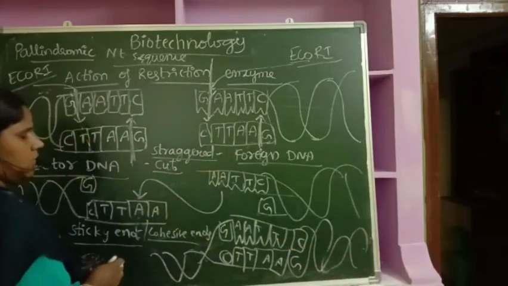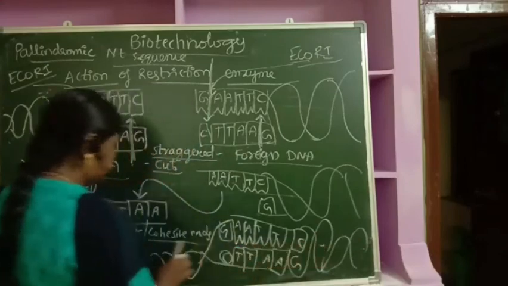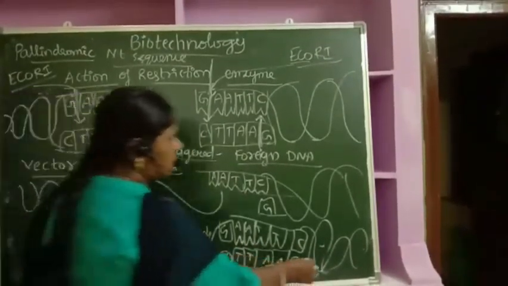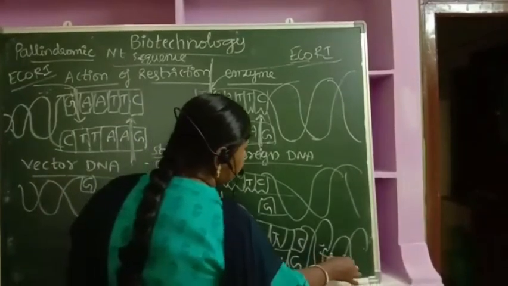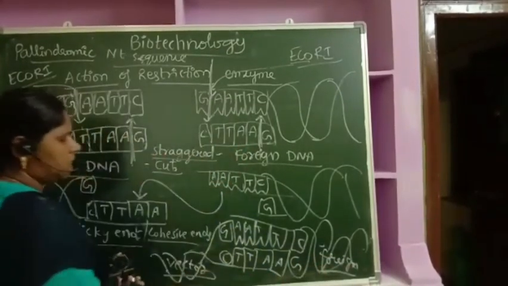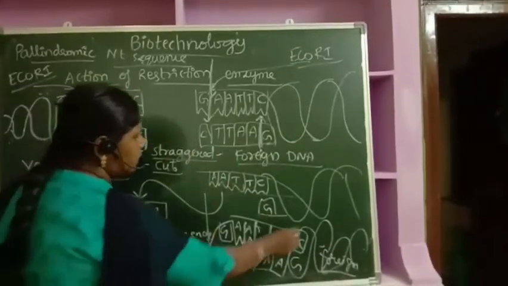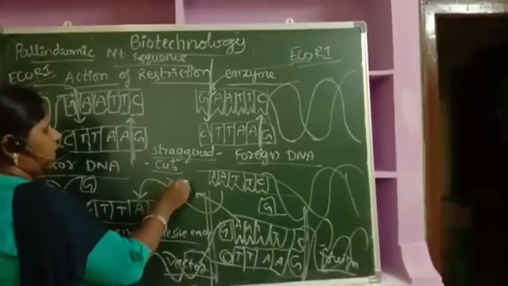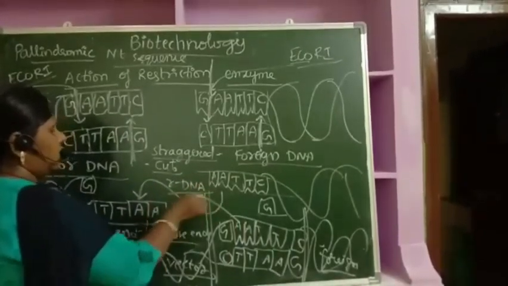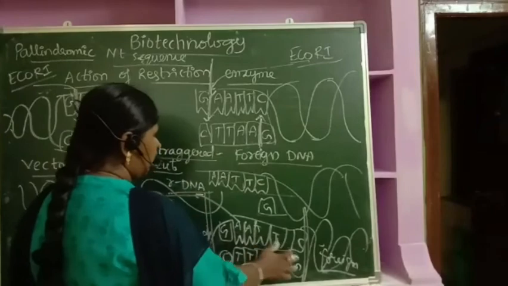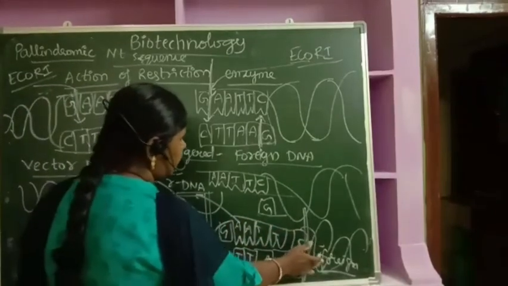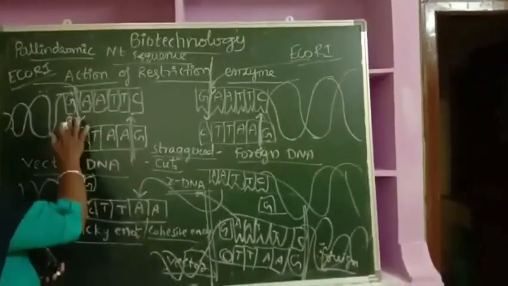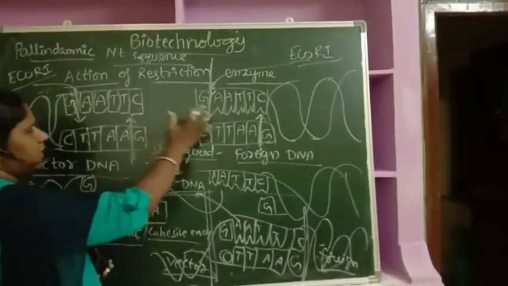So here this is foreign DNA, this is vector DNA, this is vector DNA, and this is a foreign DNA. Both of them join together, and from here to here this forms recombinant DNA. This is how the foreign DNA combines with the vector DNA, because of a specific cutting between G and A. The same EcoR1 cuts the vector DNA and the foreign DNA.